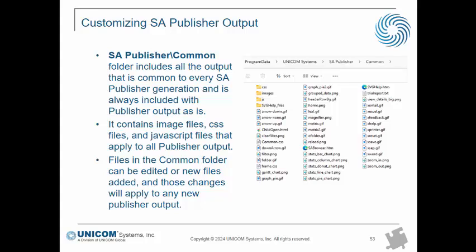The common folder includes all of the output that's common to every publisher generation. It's always included with SA Publisher output as is. So in there you'll find image files, CSS files, JavaScript files that apply to all the publisher output. And these files in the common folder can be edited or new files added, and those changes would apply to the publisher output.